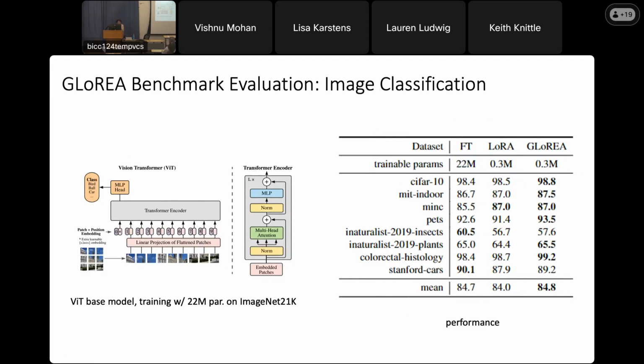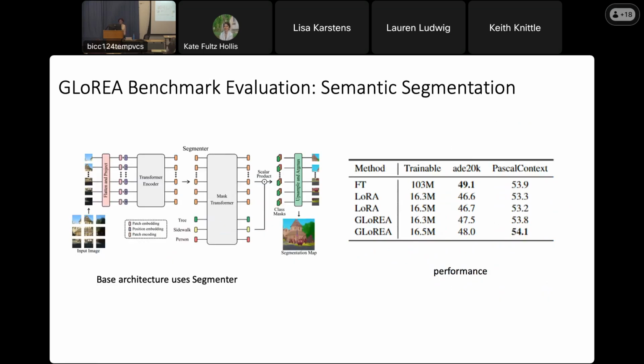For the image classification problem, we use a vision transformer based model trained on ImageNet with 22 million parameters. That's all we can handle on our GPUs. And you can see Gloria works better than full fine-tuning. It works better than LoRA, even though it only changes 0.4% of the weights. And same story for segmentation.